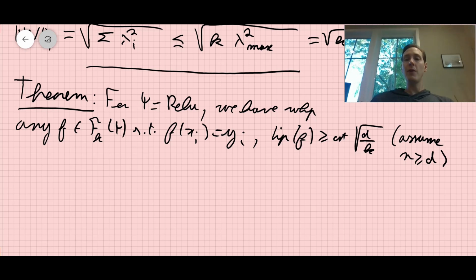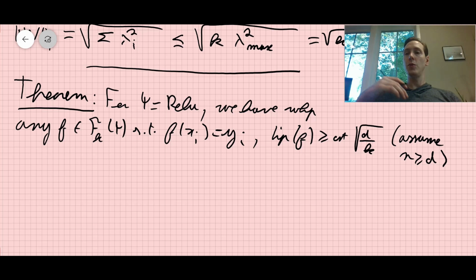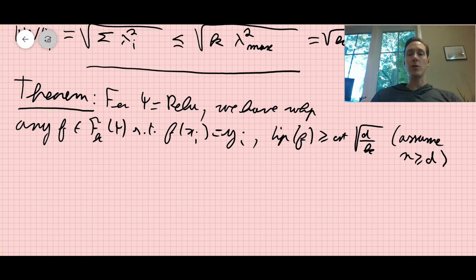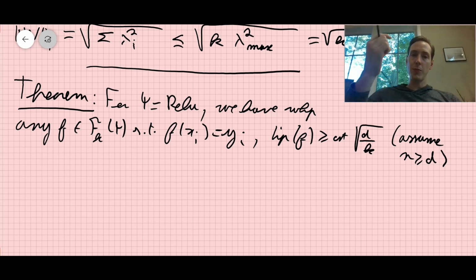But it's very far from proving the conjecture because if n is much larger than d, let's say d to the 100, this is capped at square root d, whereas you would want a much larger Lipschitz constant lower bound. Maybe to put it differently, this theorem only tells you something non-trivial when the number of neurons is smaller than the dimension. You can call this the undercomplete regime, where your neurons don't span the entire space. And this will be used very heavily in the proof.